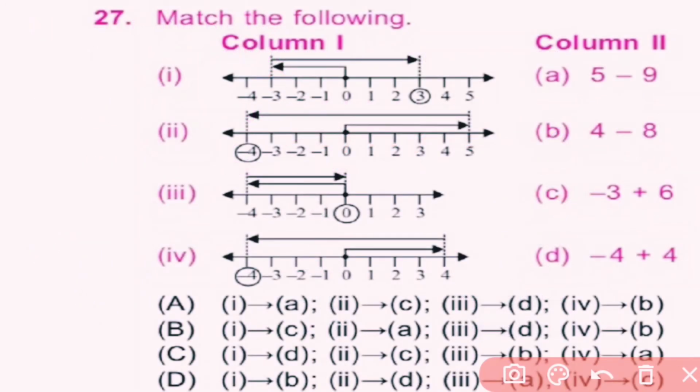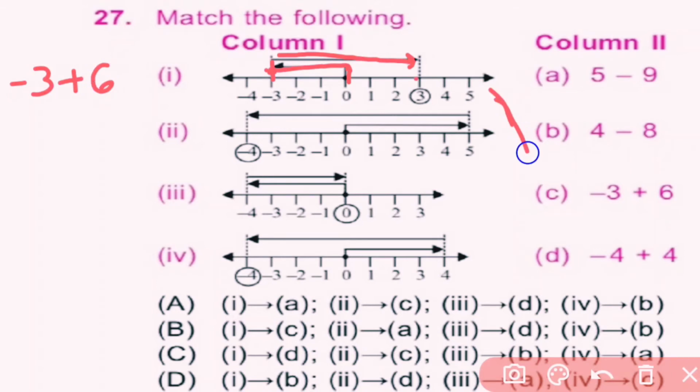Question number 27. Match the following. Option 1. Now first we start with 0. So from 0 to this side. Here minus 3 is there. And then from minus 3 the arrow is showing this direction, means addition. And distance from minus 3 to 3 is 6.